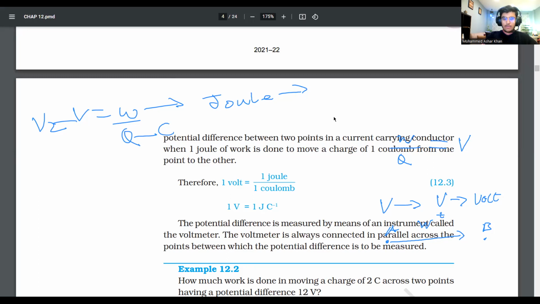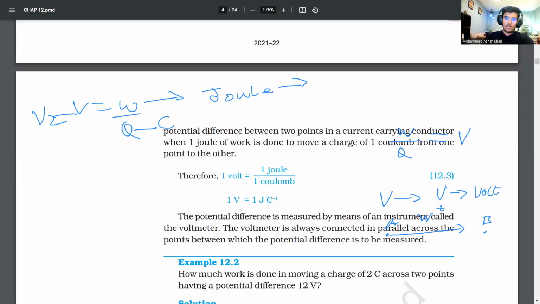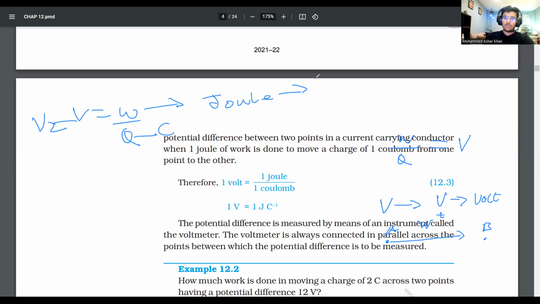Okay, so coming back to this, we have V or potential difference as volt. We have W as joule, which is denoted as J, and Q as C, which is Coulomb. So same way we defined ampere as 1 Coulomb per second, putting the values of SI units in this formula, we can define 1 volt.